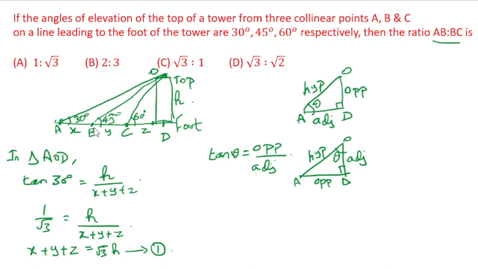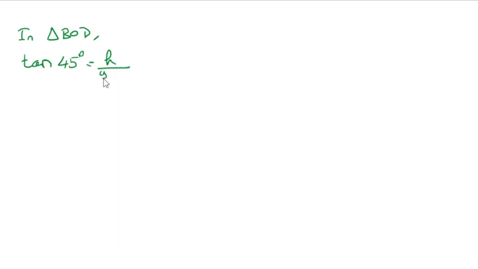The adjacent side is the distance from the point B to the foot of the tower. So tan 45 degree value is 1 equals h by y plus z. Just cross multiplying this, y plus z equals h.